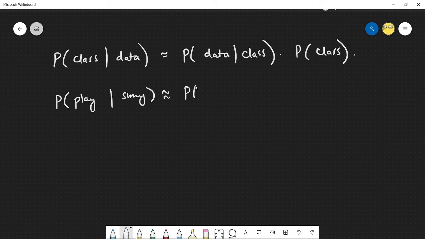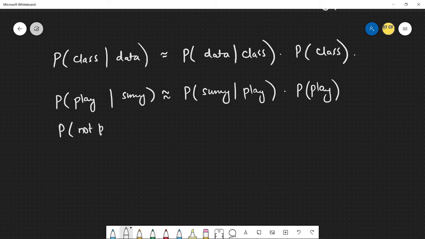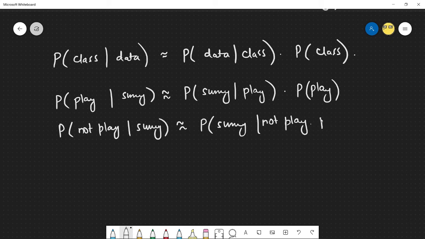That will give me the probability that the outlook is sunny given that I play, times the probability of me playing, and the other one, not play, given it is sunny outside, is going to look like the probability that it was sunny given that I don't play, times the probability of me not playing.